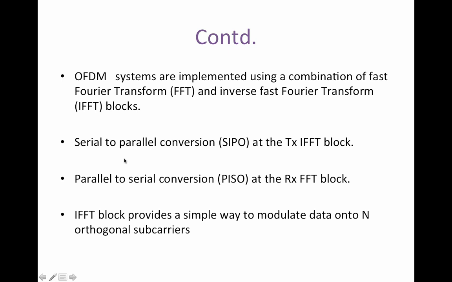As I said, OFDM systems are implemented using a combination of fast Fourier transform and inverse fast Fourier transform blocks. Serial to parallel conversion is done at the transmitter IFFT block, and PISO is done at the receiver FFT block. Basically, the IFFT block provides a simple way to modulate data onto n orthogonal subcarriers.